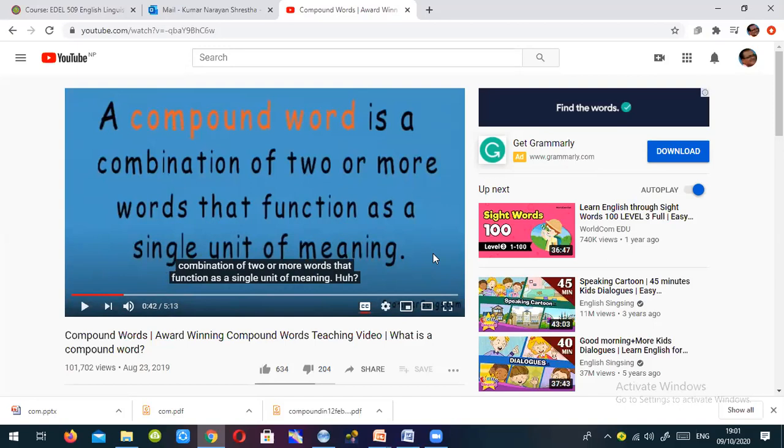We'll come to that point. Sometimes the words you hear, you can guess the meaning, and sometimes it will be quite confusing. That's why, while defining a compound word, what we can say is that it is a combination of two or more words that function as a single unit of meaning. Two words, single unit of meaning, right?